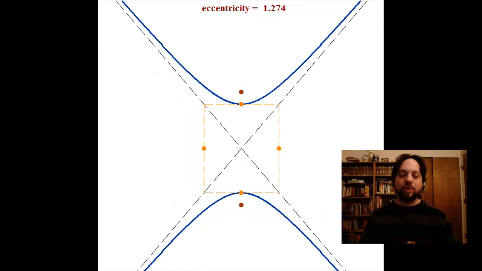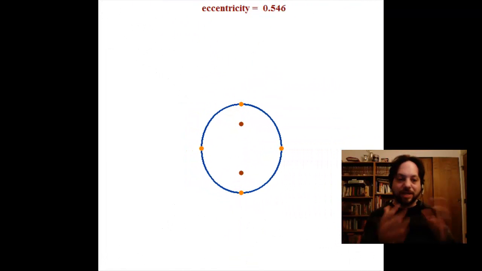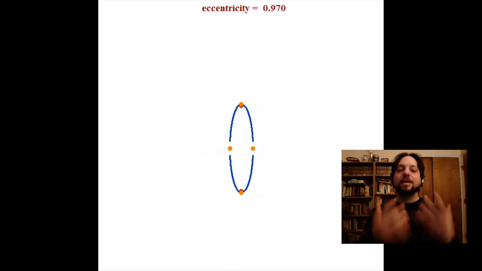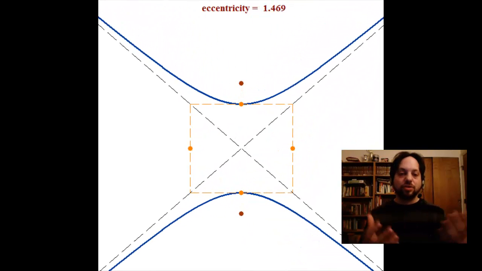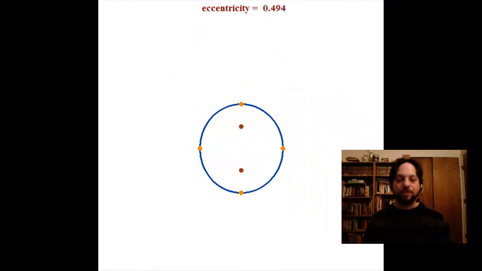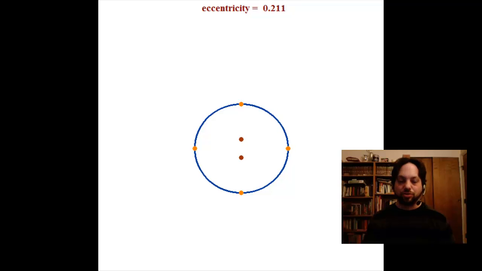So hopefully these running animations kind of explain it in a visual sense. Feel free to write them down and compare the focal length to the major axis length for various conic sections and see for yourself that everything I just said is true.